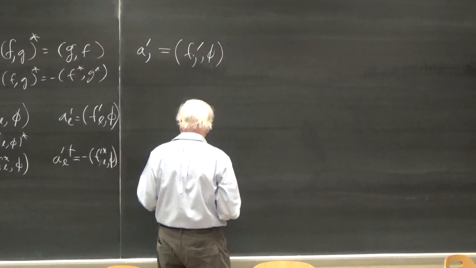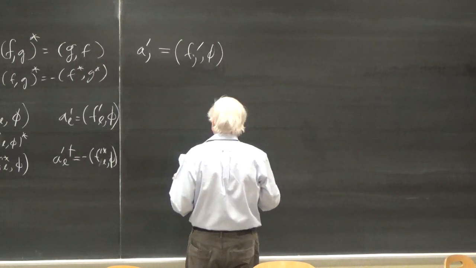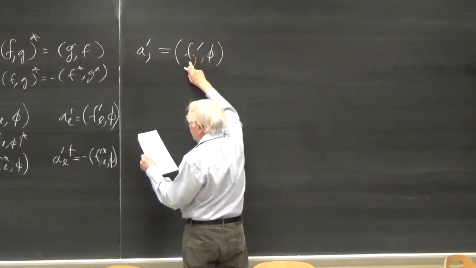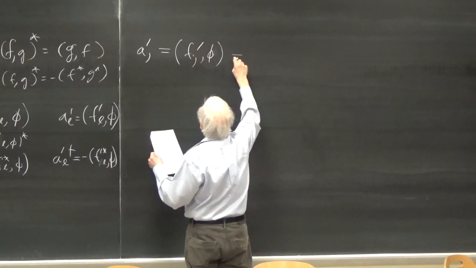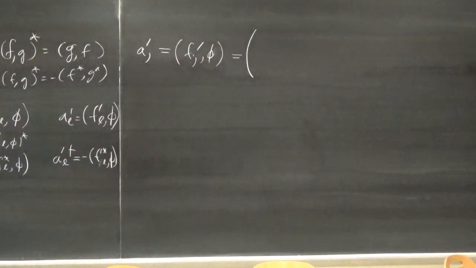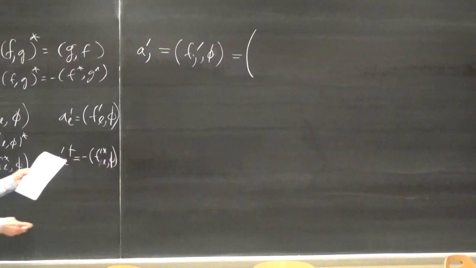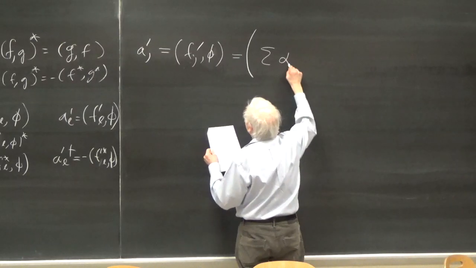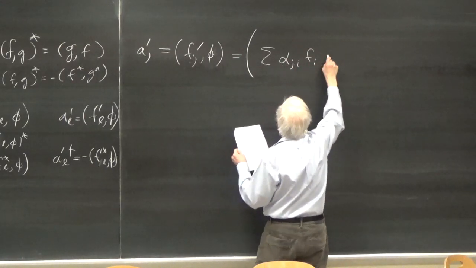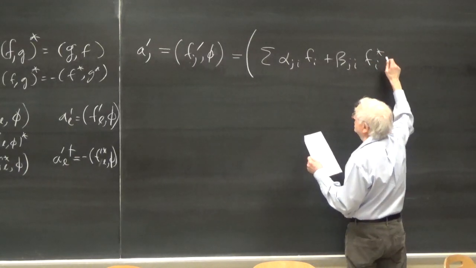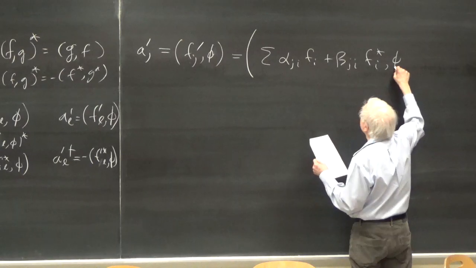Actually, let me do it in two steps. The first thing I'm going to do is write the F primes in terms of the F's. So this is actually F prime J, this thing, alphas plus betas. And so this will be alpha Ji Fi plus beta Ji Fi star, comma phi.